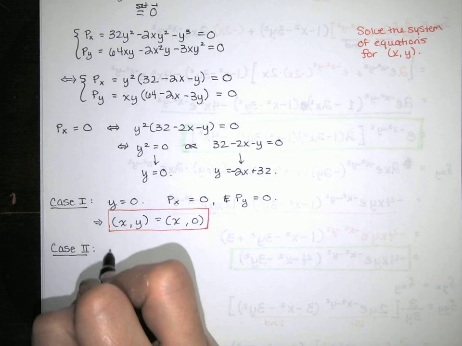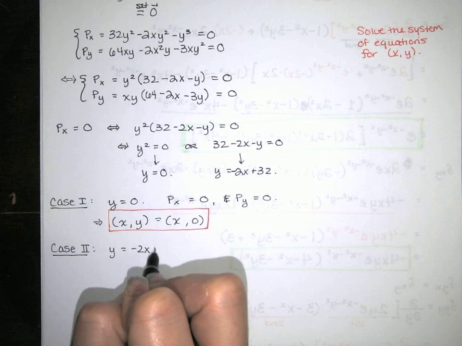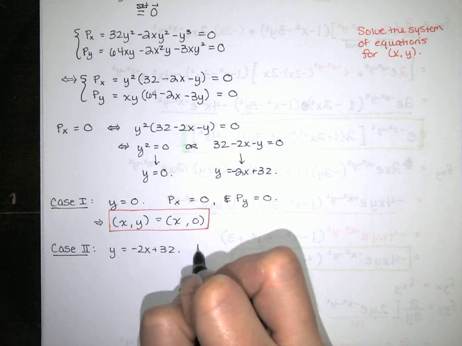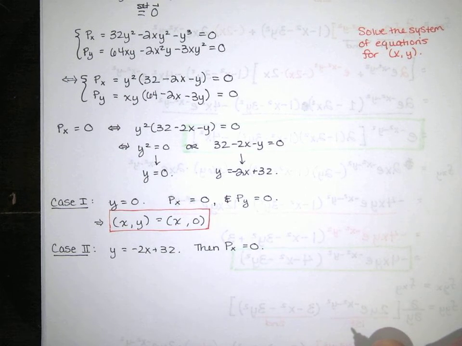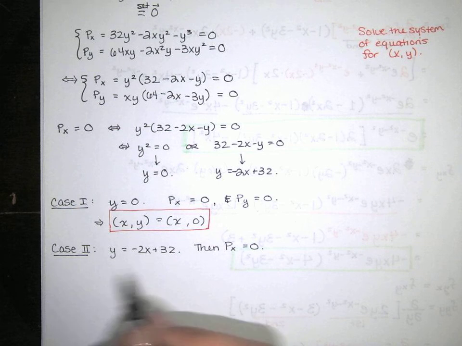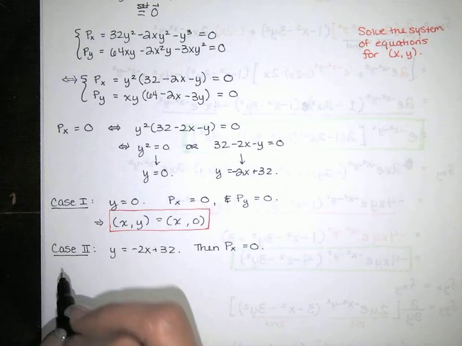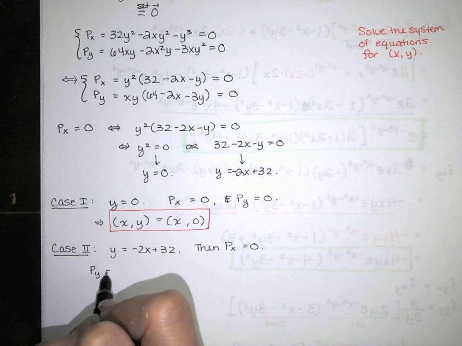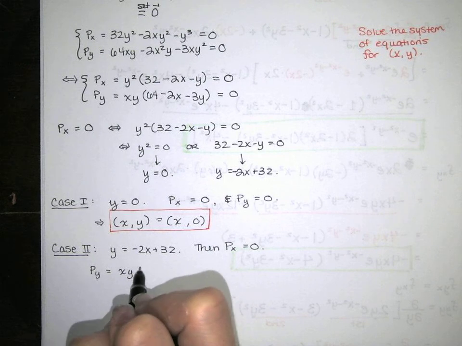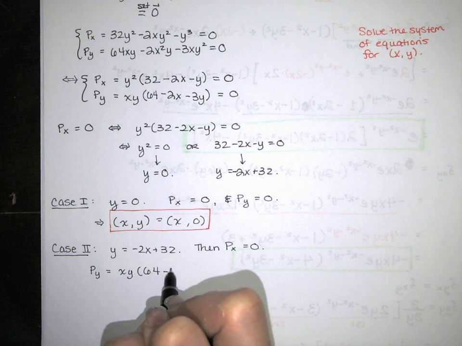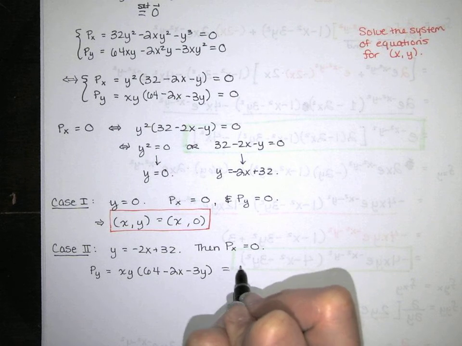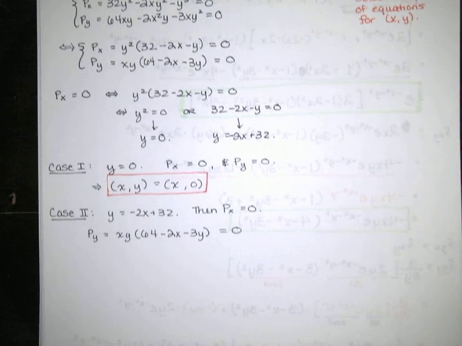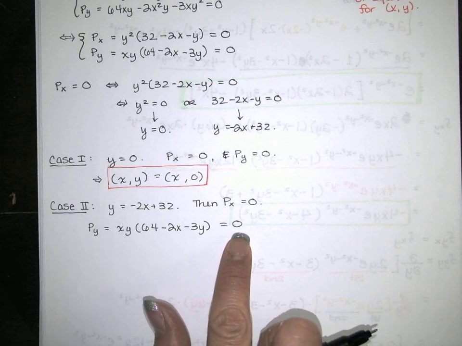If we're on the line y equals negative 2x plus 32, then the partial of p with respect to x is going to be 0. And if that's true, then the partial of p with respect to y can be rewritten this way. So we've got x times y times the quantity 64 minus 2x minus 3y, and that has to be 0 as well.